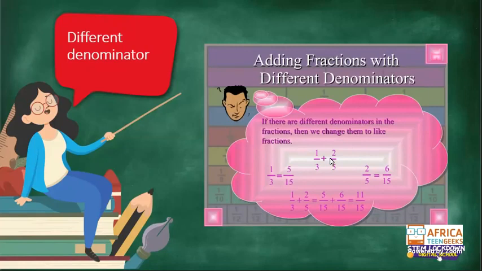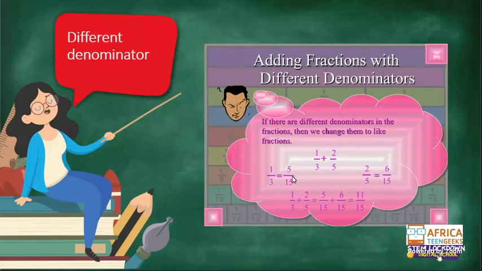And now we look at 2 over 5, so we multiply this one by 3 over 3. So 2 multiplied by 3 equals 6, and 5 multiplied by 3 equals 15. Now we have like terms, because the denominators are the same.